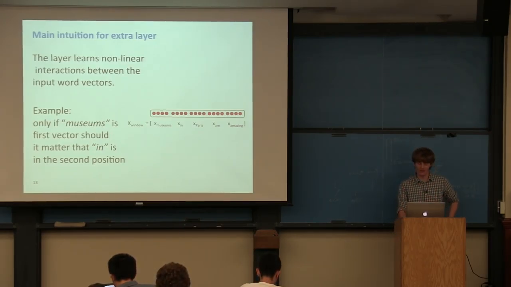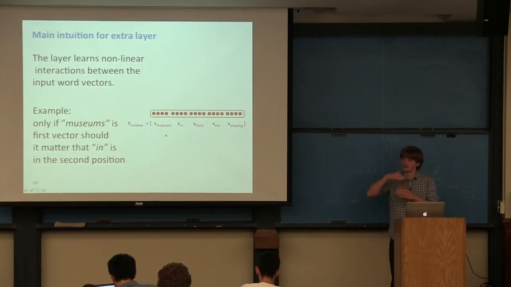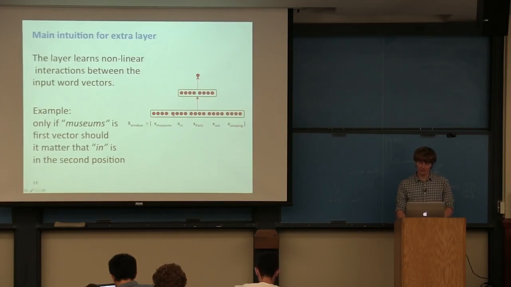So maybe you only care about the second position if in the first position you've seen some word vector like museums. The hidden layer will allow these input vectors to interact and only activate the high-level feature for the overall scoring if you have a combination of things in your inputs.